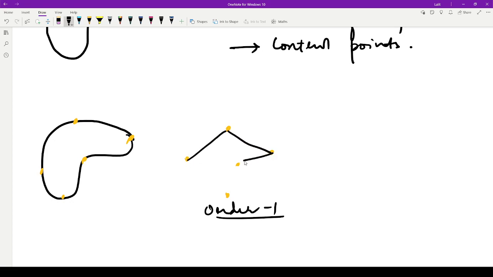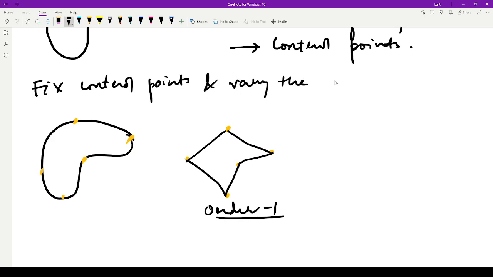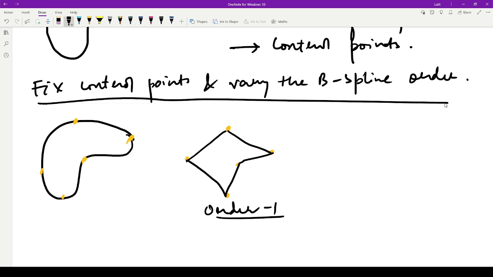So it will just be like joining these dots. So it's not really a good approximation. This is the case when we fix control points and vary the B-spline order. So it will look something like this.